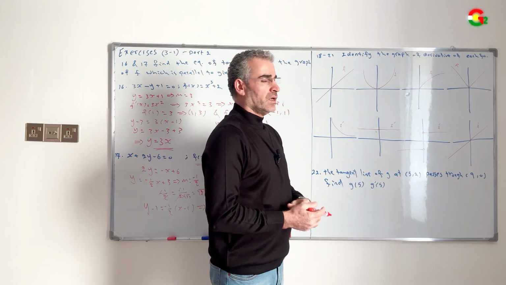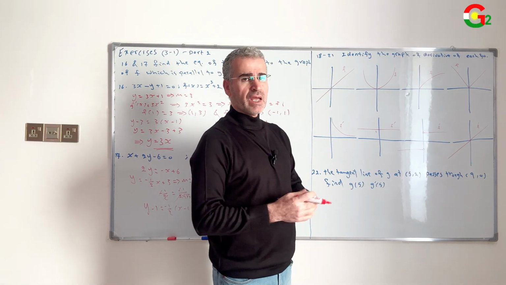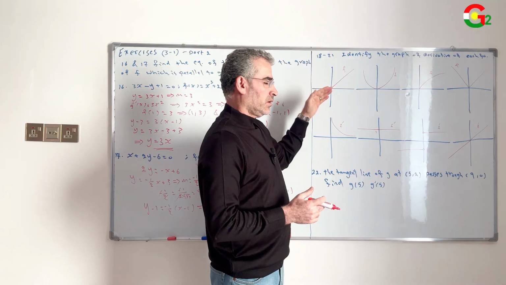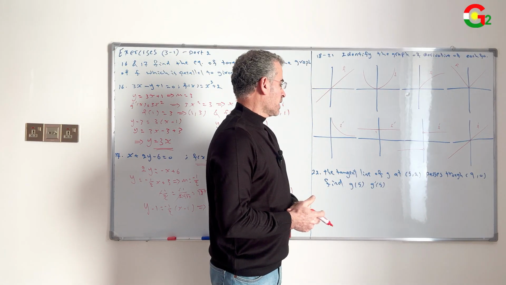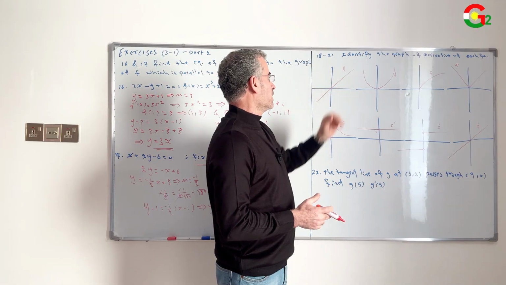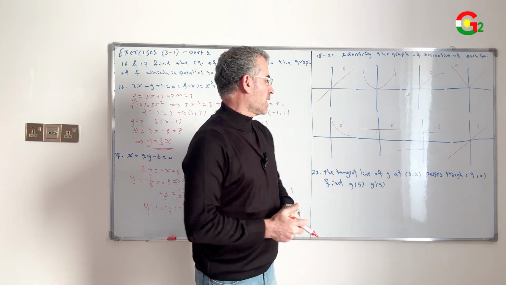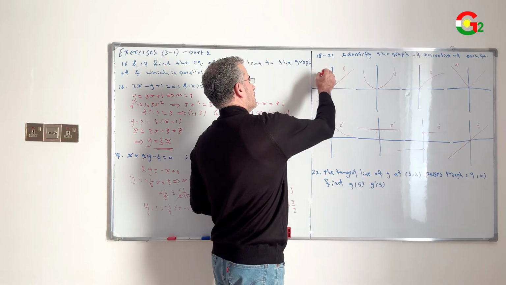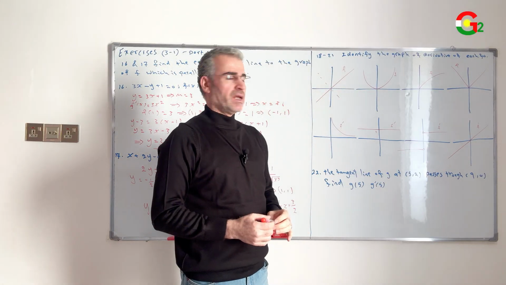The graph of the derivative of a linear function is a horizontal line, either over the x-axis or under the x-axis. If the slope is positive, then it is over the x-axis. If the slope is negative, then it will be under the x-axis.